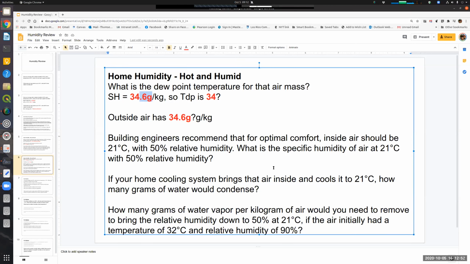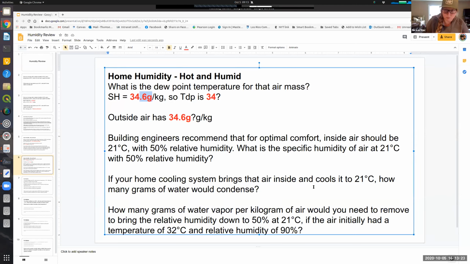When I go to that chart, it has 36.4 exactly at 35. But we've got 34.6. I did the same thing. Wait, it can't be 35 because the air. Oh, right. Yeah, I was numerically dyslexic briefly. Same here.